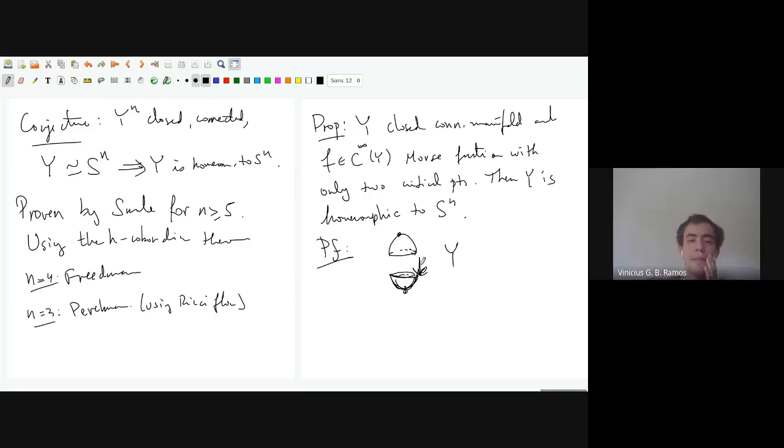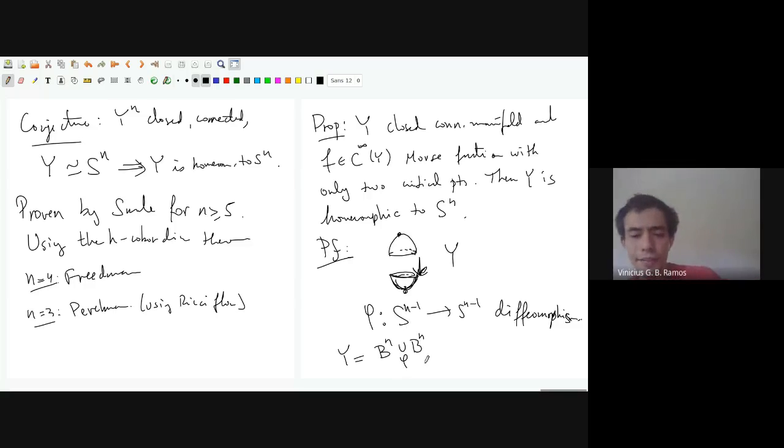Basically you attach it by a map from Sn-1 to Sn-1. This is a diffeomorphism. So when you attach a map, this is saying that Y is the union of 2 balls attached by a diffeomorphism.